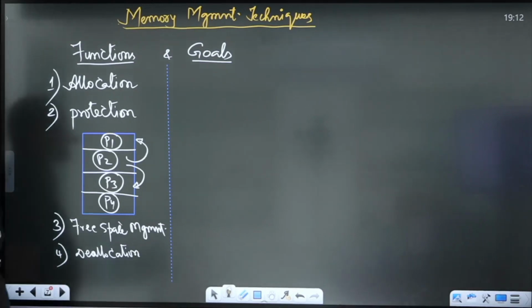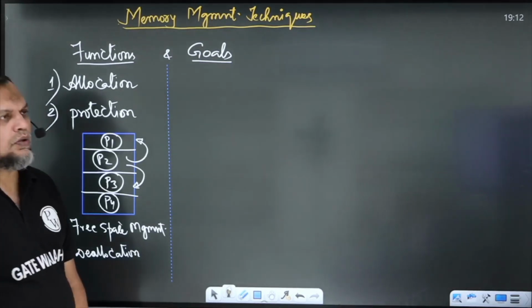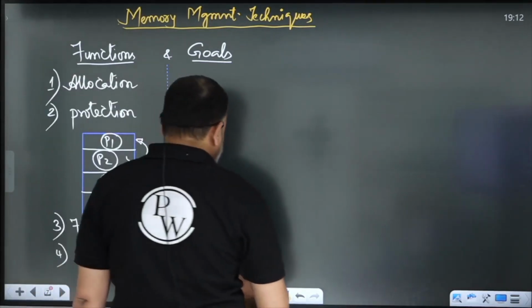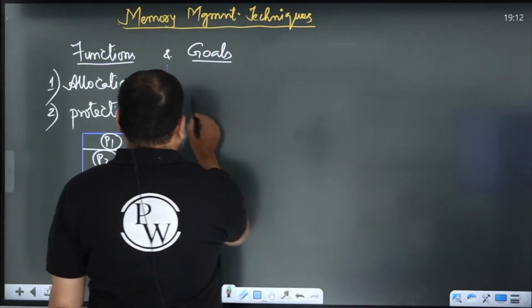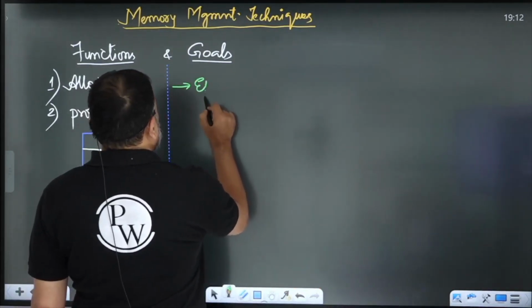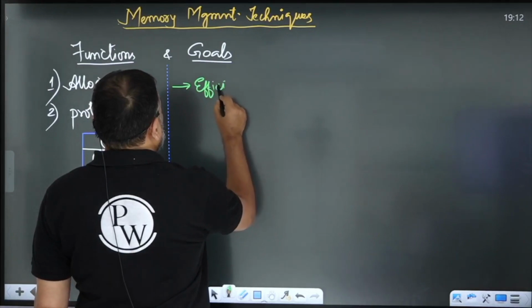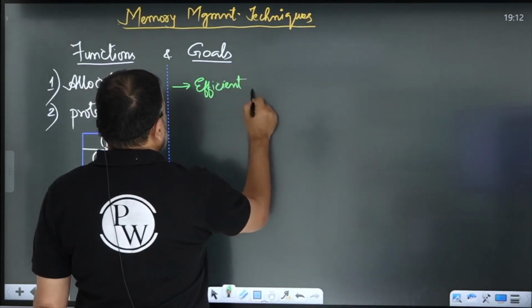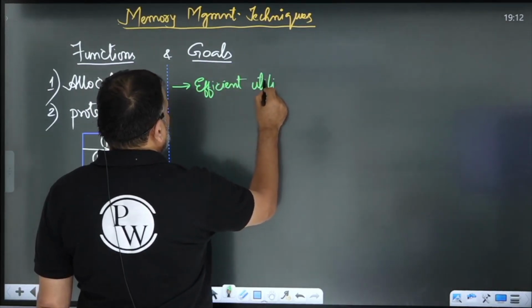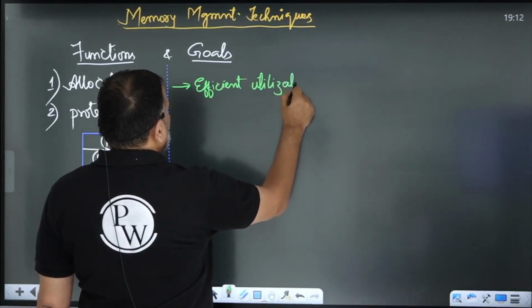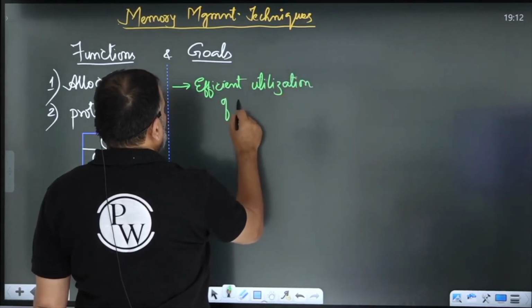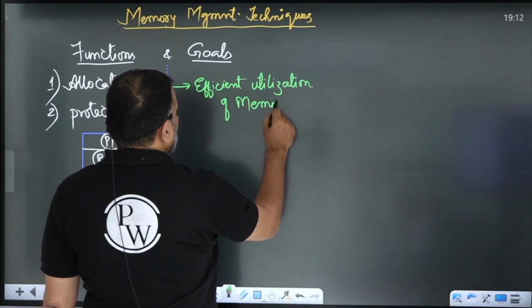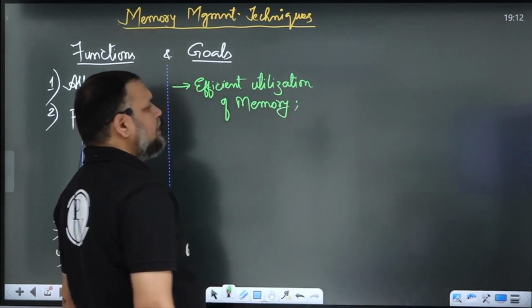Now to carry out these functions, I should set certain goals. What should be the important major goal of the memory manager? The important goal is efficient or effective utilization of memory. Memory should not be wasted. Wastage should be kept to the bare minimum.